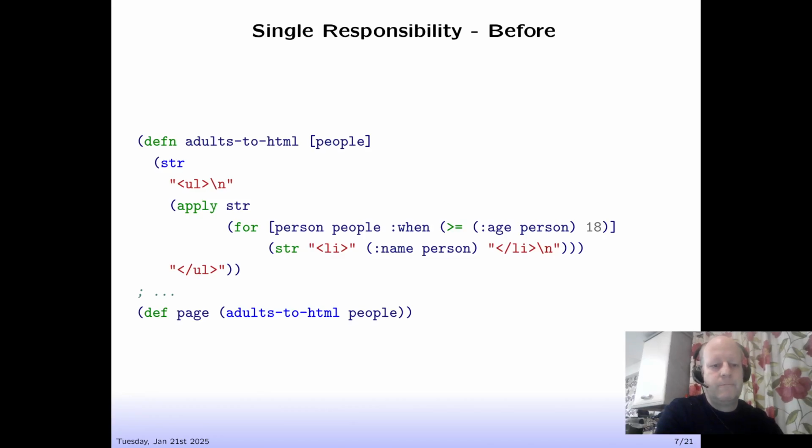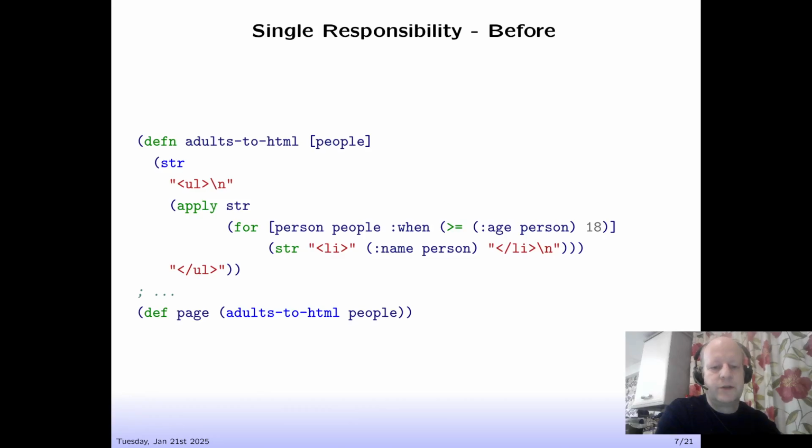of people. It filters them for age at least 18, and it then puts these names into an HTML string. And then you can use this method like this.